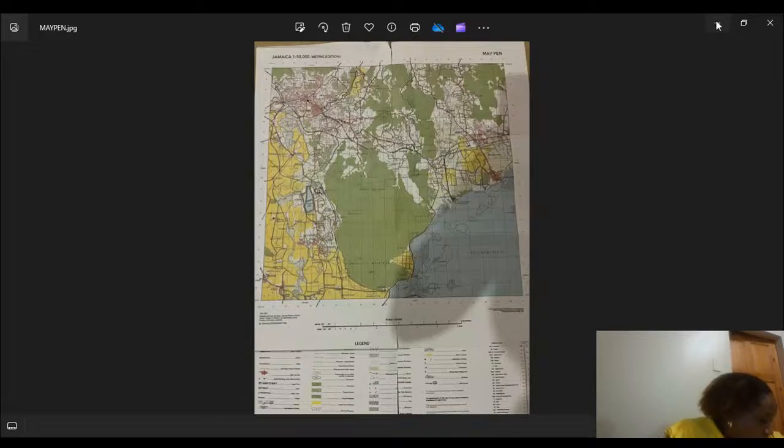You have motorable tracks and footpaths, and then you have some streams, and it says the Cockpit Lands, and we know that Cockpit Country is a name given to Jamaica's limestone cockpit karst feature. So that is in terms of the woodland. When you see woodland, you describe the distribution of that woodland area. You are also seeing mangroves along the coast. So that is another distribution. There are mangroves along the coast.